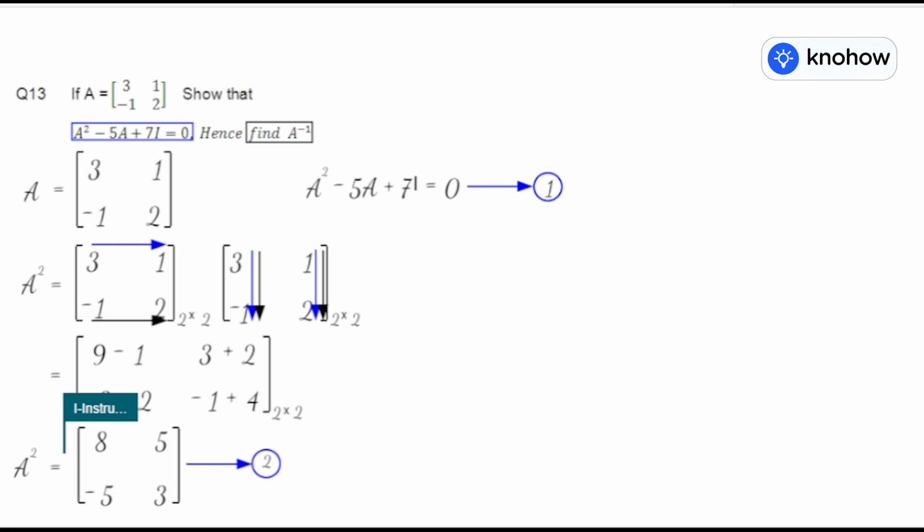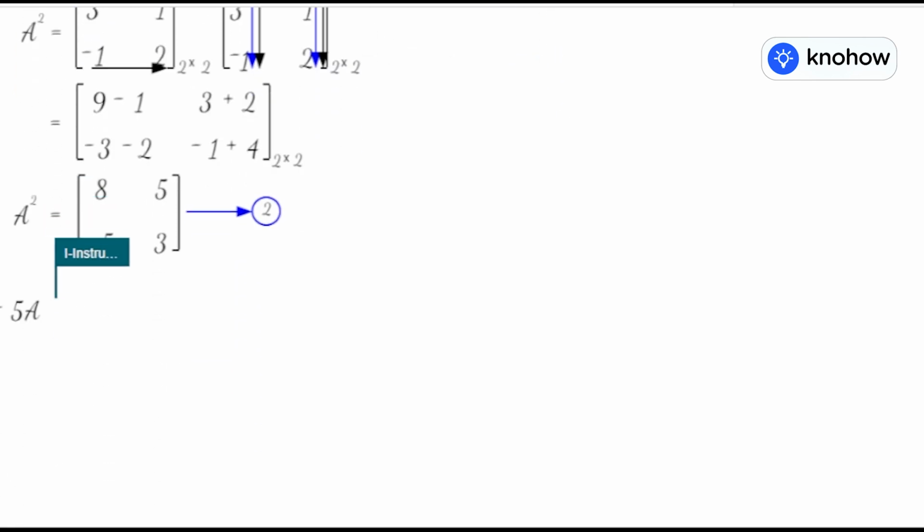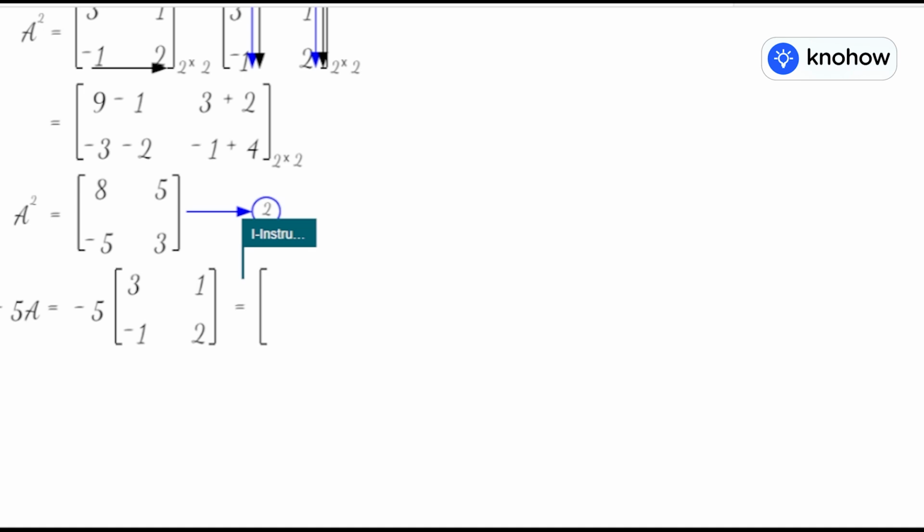You want minus 5A. So let us work out minus 5A, that is minus 5 times A, which is 3, 1, minus 1, 2. Multiplying by minus 5 to each element, you get minus 15, minus 5, plus 5, and minus 10. Call it third.